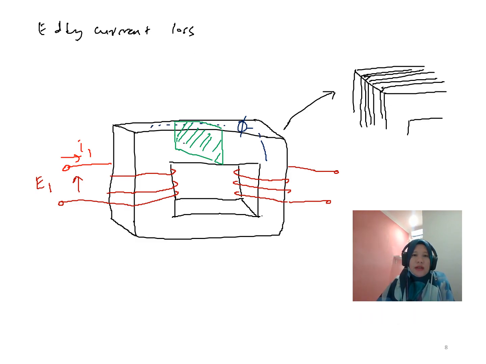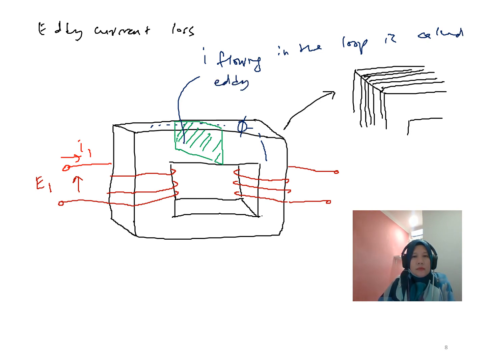The current flowing in the loop is called the eddy current loss. To reduce the eddy current loss, we use a laminated core.